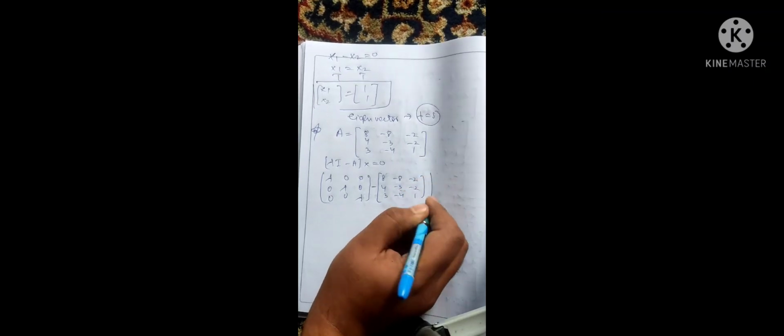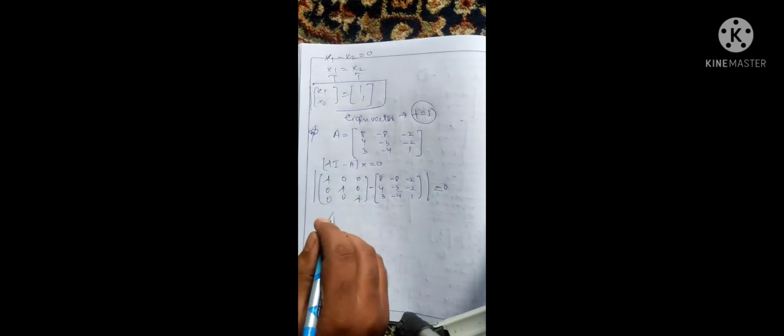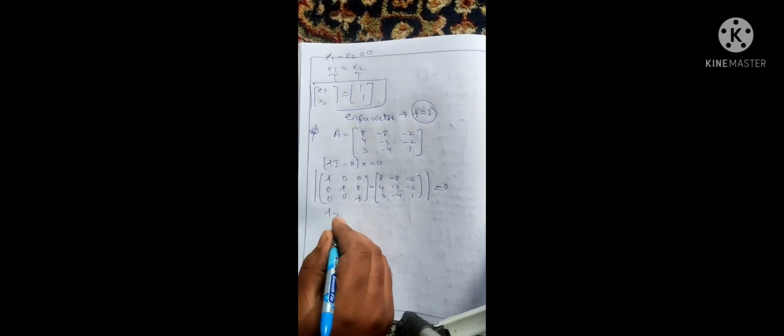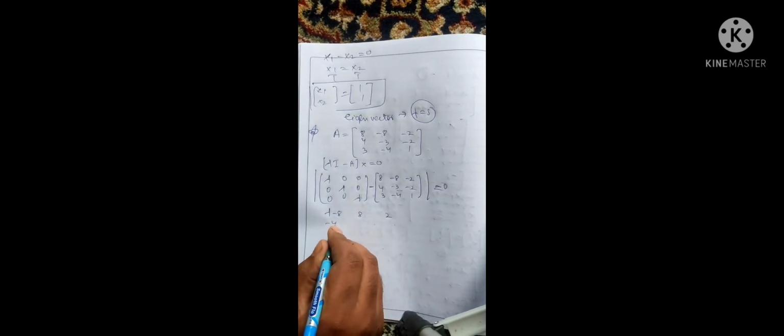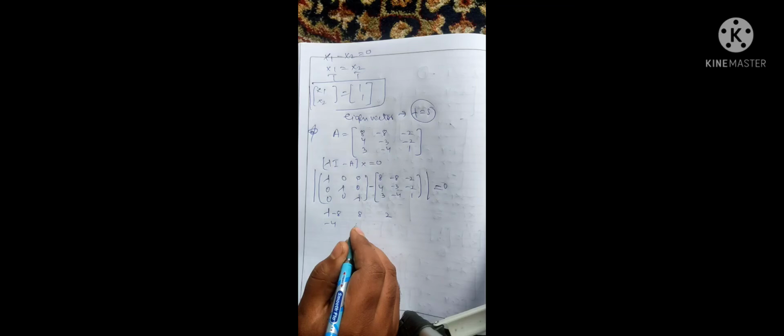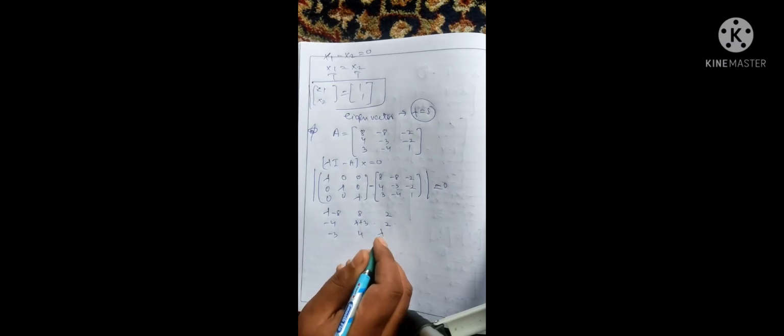We have to find this determinant. Now first we will do the subtraction. So lambda minus 8, minus 4, minus 3, 8, lambda plus 3, 4, 2, 2, lambda minus 1. So this is our matrix. Now we will find its determinant.